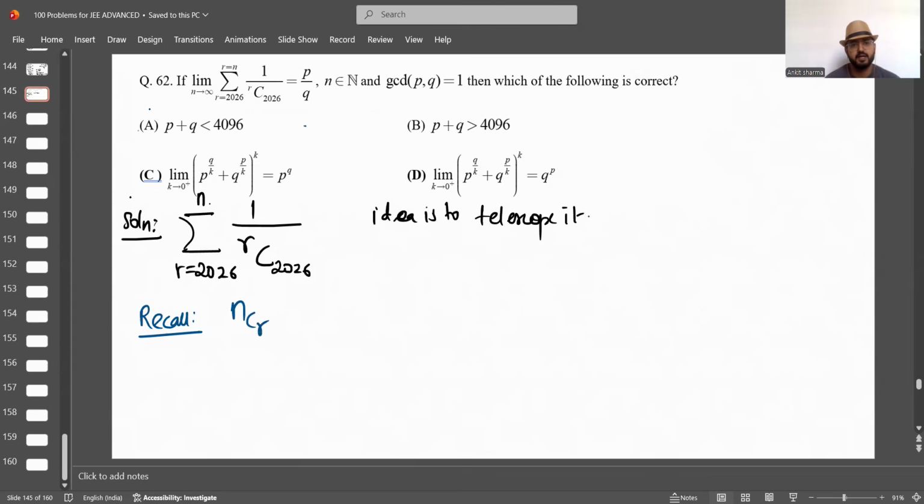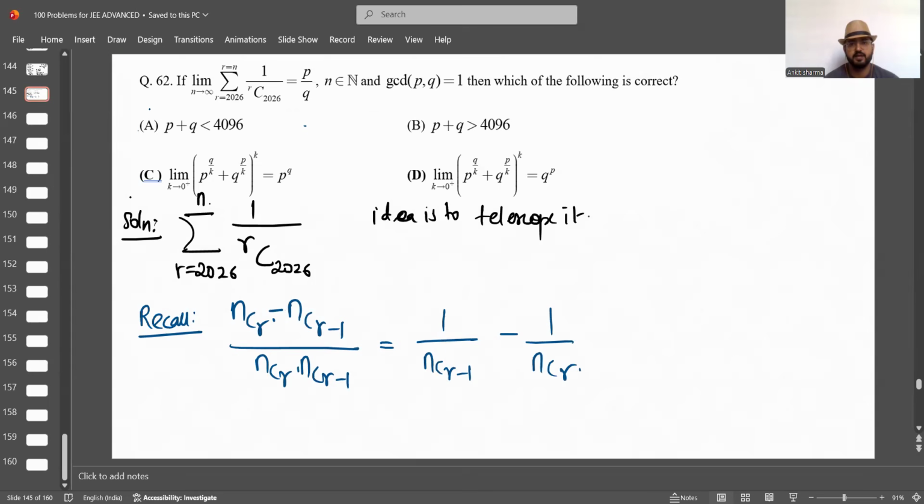So if I write nCR into nCR minus 1 over nCR into nCR minus 1, this could be written as 1 over nCR minus 1 minus 1 over nCR. This is what we know. So nCR minus nCR minus 1 over this thing is equal to this guy we know already.